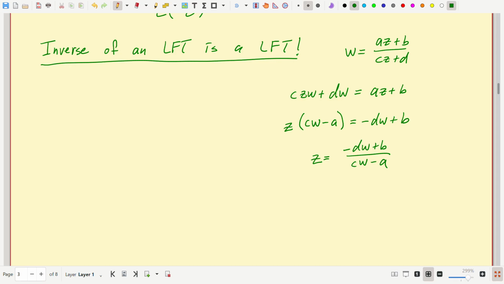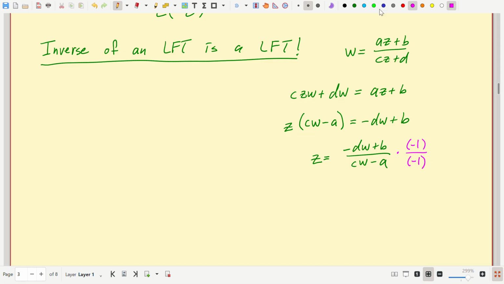I think I don't like where my minus ones have appeared. So I'm going to multiply by minus 1 over minus 1.